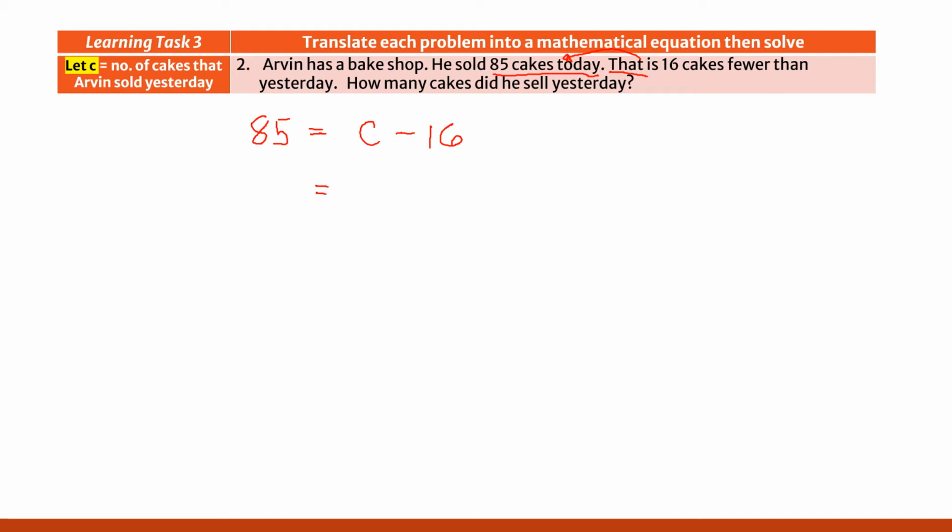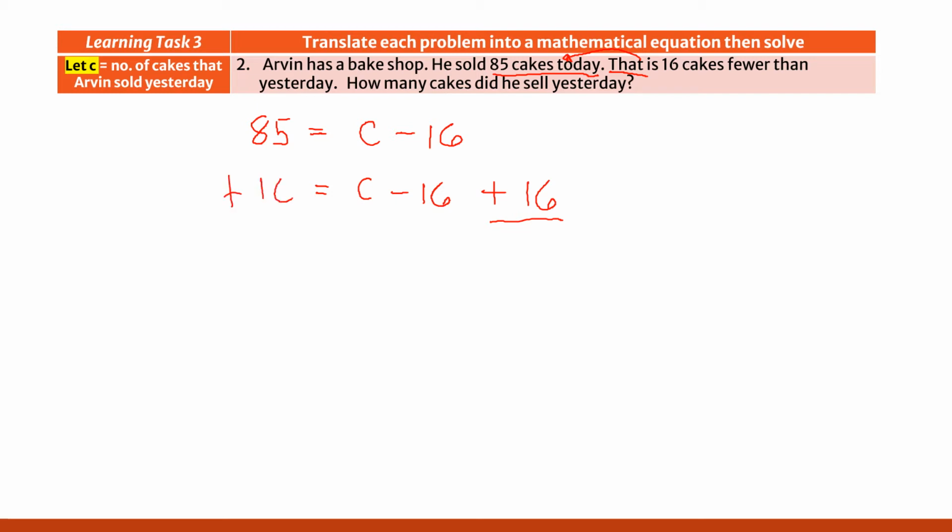If you look at the right-hand side, meron kang constant term na negative 16. Diba? And to remove this negative 16 on this side, the opposite is positive 16. So, ang in-apply natin ay addition property of equality. So, on the other side, syempre, meron ka rin dapat na plus 16.